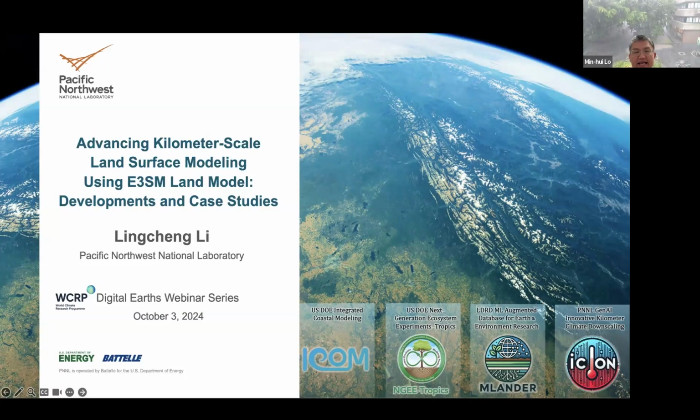Later on, he worked as a postdoc at PNNL, and later as a research scientist there until now. In his research career, he has mostly focused on how the land and atmosphere couple, and how land surface processes impact the atmosphere, and also land hydrology. Today he will share with us how kilometer-scale modeling can be further advanced using more detailed land information. And some case studies, I think Yifan will also share with us. Okay, Yifan, please, all yours.